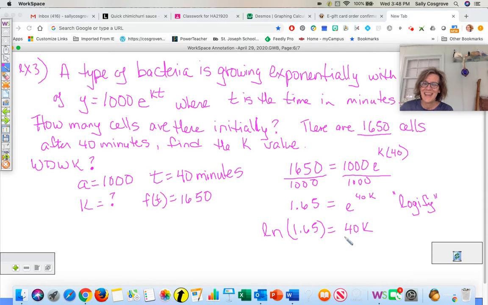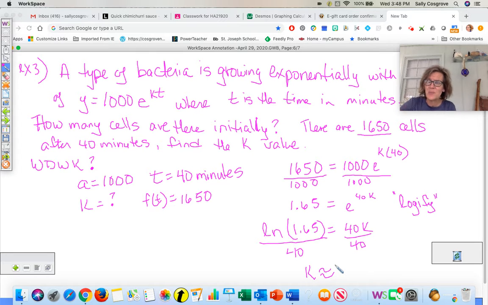And to solve for k, we'll just divide both sides by 40. And k should be positive because this is growth, all right? It's growth. So we're going to have to round, so we'll go ahead and say approximate.